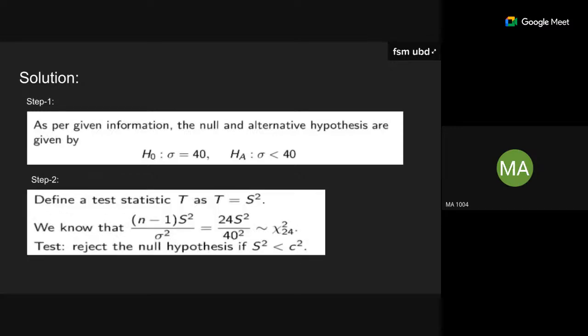Now, as we are worried about the standard deviations, our test statistic T should be the sample variance. There are very few test statistics. If you are testing for mean, your test statistic should be the sample mean. If you are testing for variance, your test statistic will be S square.